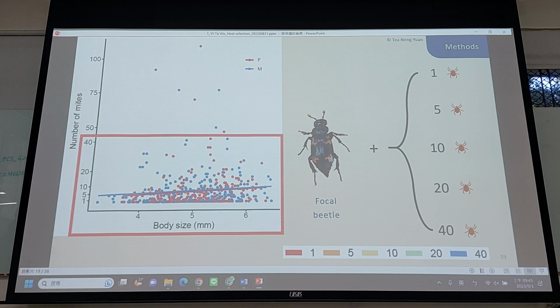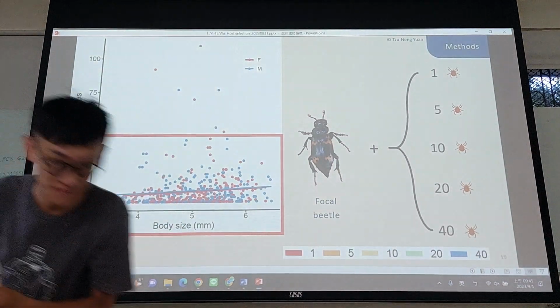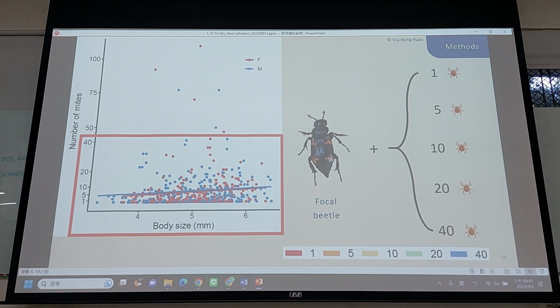Okay, any question? Yes, Professor. Those data look quite scattered to me. When you draw the fitting line, have you calculated the significance? Since the data is very scattered, how significant is the overlap of those lines?